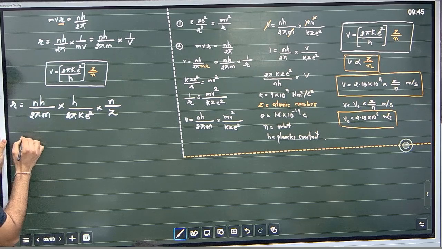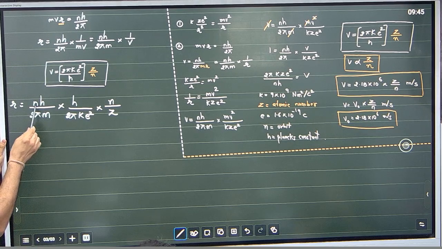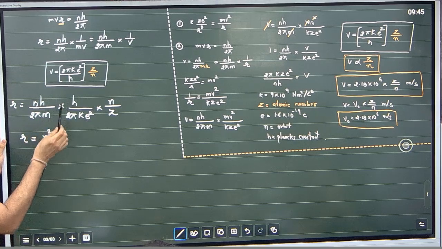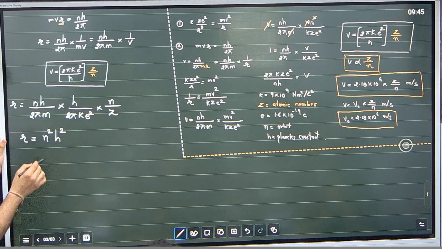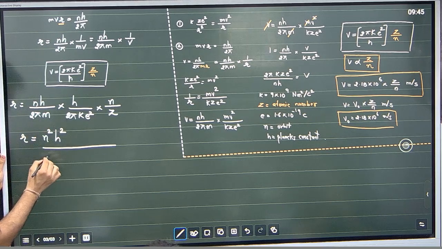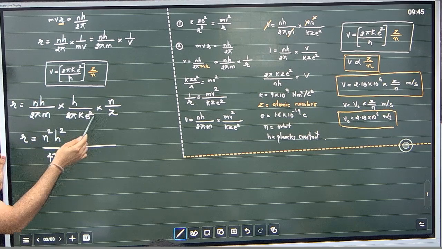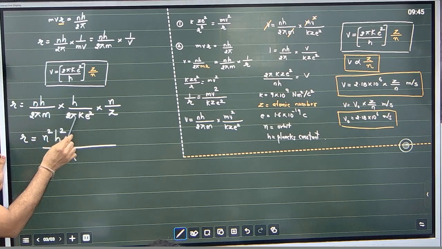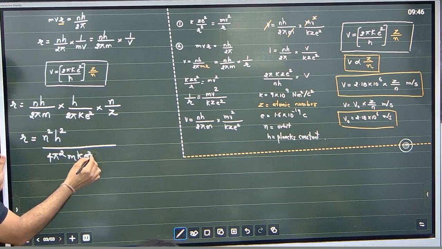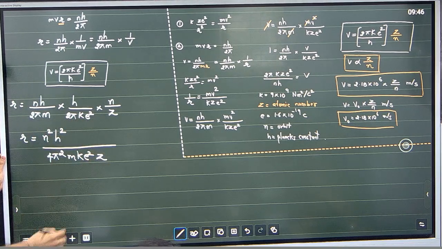Next, R is equal to n into this n becomes n squared, H squared, denominator 2 pi becomes 4 pi squared m. Is there anything else? No. K, any other K? Not there. E squared, and what is left there? Z. Is n a constant?